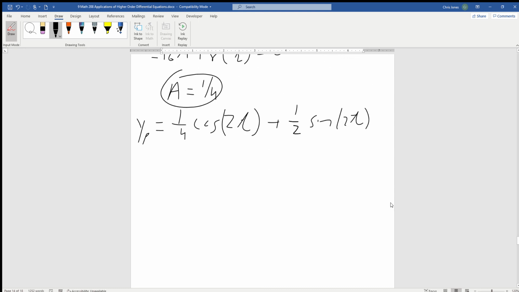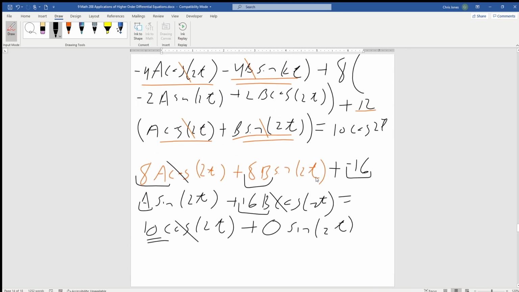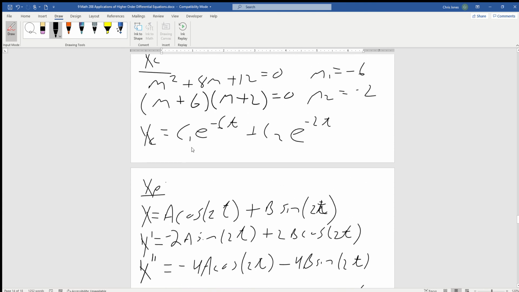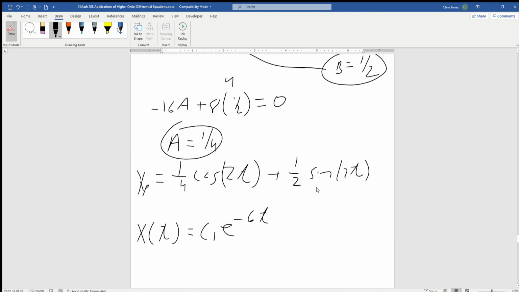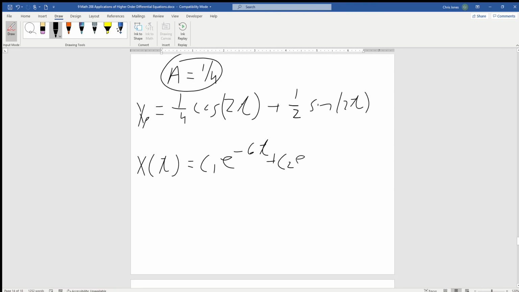And mercifully, finally we can get x of t, which is equal to, remember, we had c1 e to the minus 6t, all the way back up from the complementary solution, xc, plus c2 e to the minus 2t, and then we have this 1/4 cos 2t plus 1/2 sine 2t. And we're going to hold on to that.